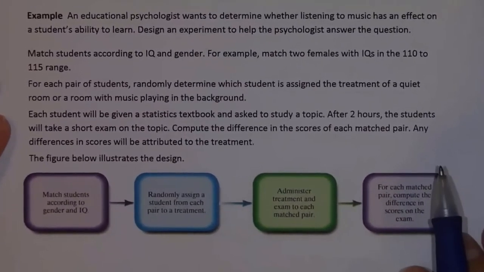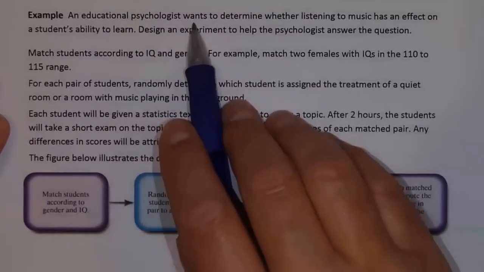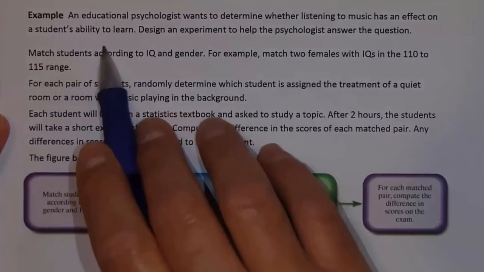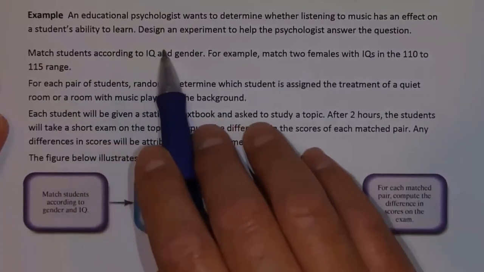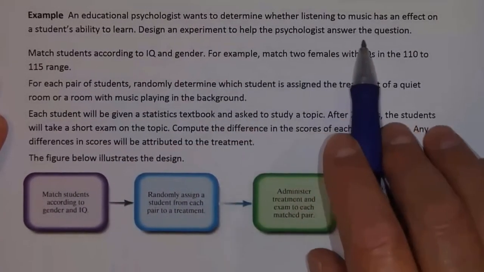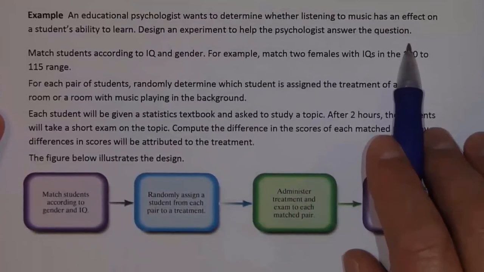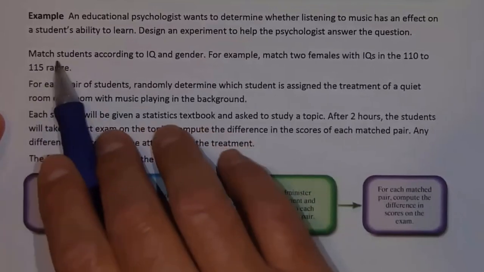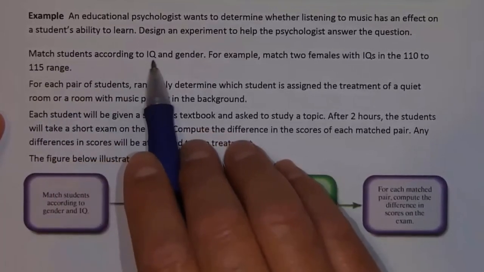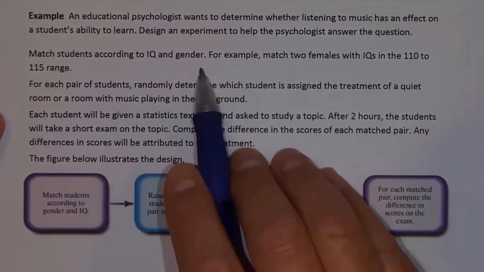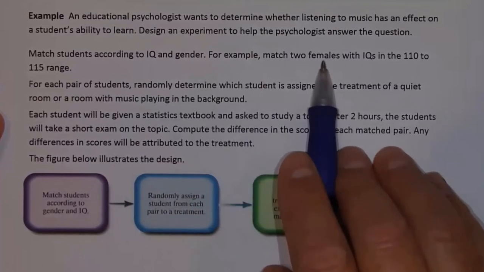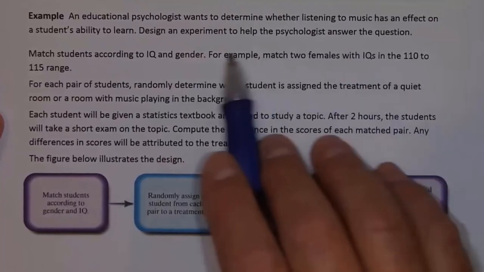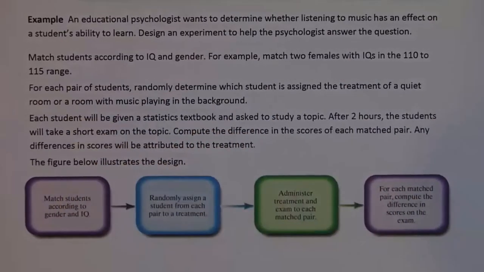So, for example, an educational psychologist wants to determine whether listening to music has an effect on a student's ability to learn. Design an experiment to help the psychologist answer the question. So we're going to use a matched pairs design. We're going to match students according to IQ and gender. So for example, we're going to match 2 female students with IQs in the 110 to 115 range.